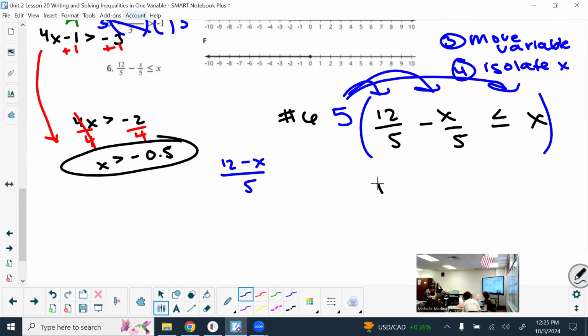Just 12. Because I have it being times 5 and divided by 5. That cancels each other out. But if you did the math, it becomes 60 divided by 5 is 12. All right, so there's that. It becomes 12. What happens with this? What does this become when I multiply it by 5?